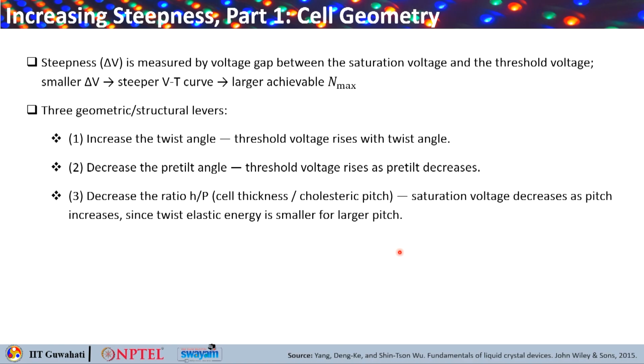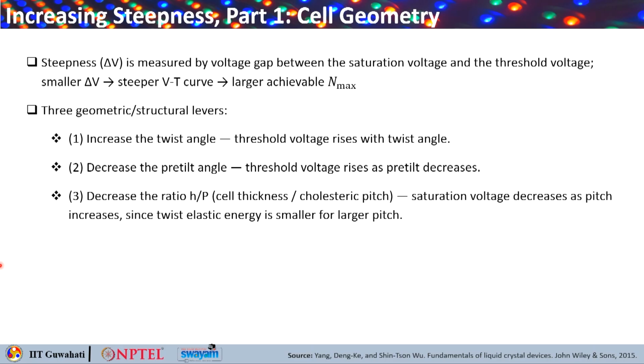And third, you can decrease the ratio of h to p, that means the cell thickness to the cholesteric pitch. Okay, so here the saturation voltage will decrease as the pitch increases, since your twist elastic energy is smaller for larger pitch. So this is how you are basically walking through the 3 geometric or structural levers that allow you to play with the threshold voltage.